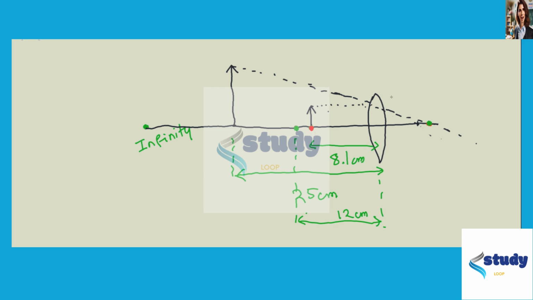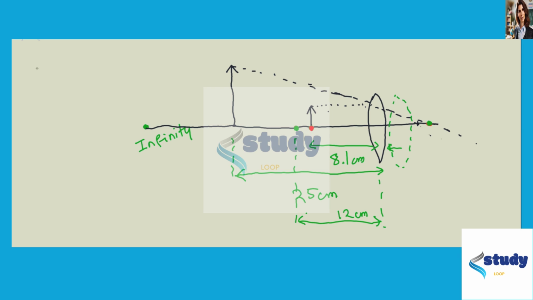Initially the lens will be around here, so that the object is at the focal point, and then we see the image. But when we shift the lens around this region, the object will be at 8.1 centimeters and the focal point will shift to this point. So we are getting closer to the fine print, and the amount the lens moves is the difference between 12 and 8.1.